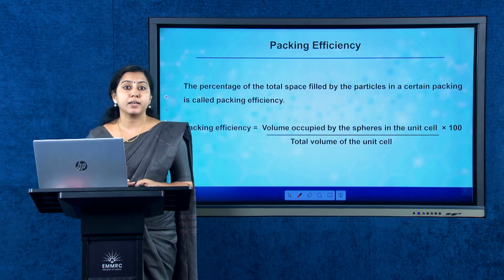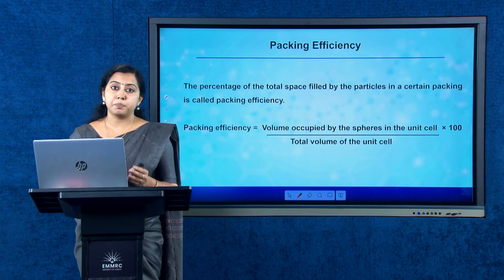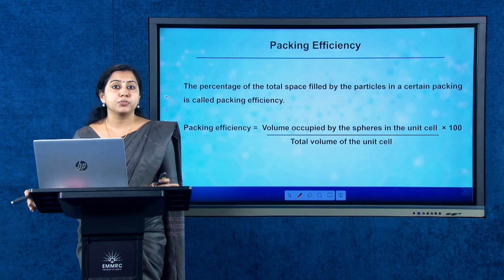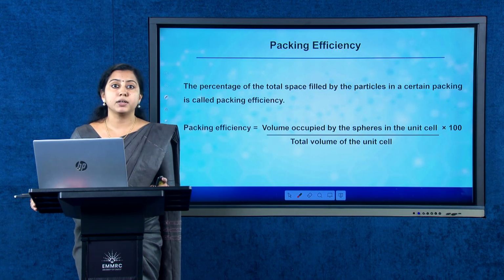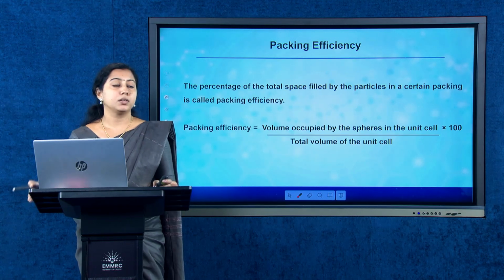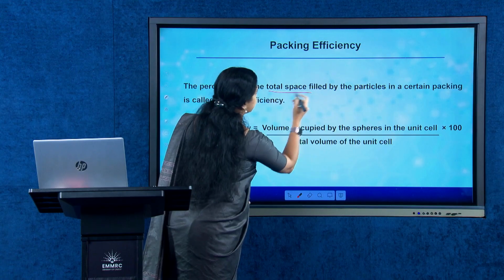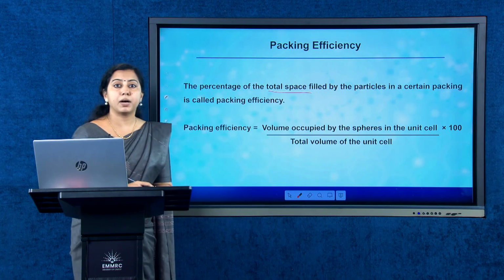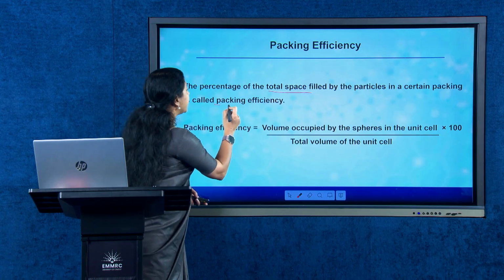So, what is packing efficiency? Usually, we represent the volume of the spheres occupied in a cubic unit cell in terms of packing efficiency. The percentage of the total space filled by the particles in a certain packing is called packing efficiency.